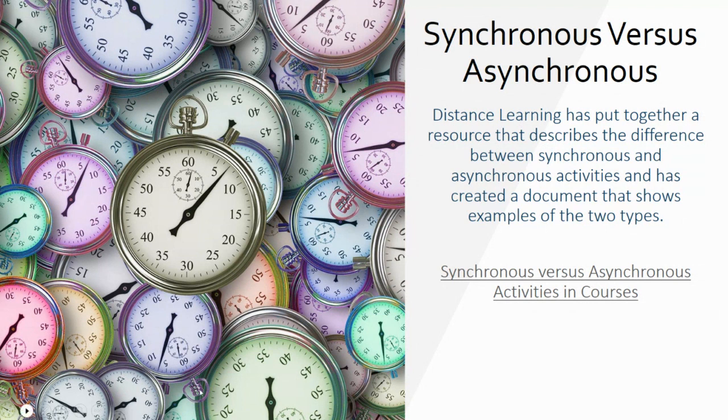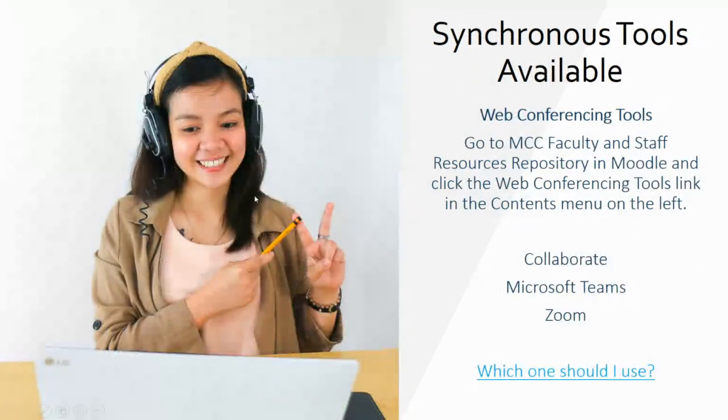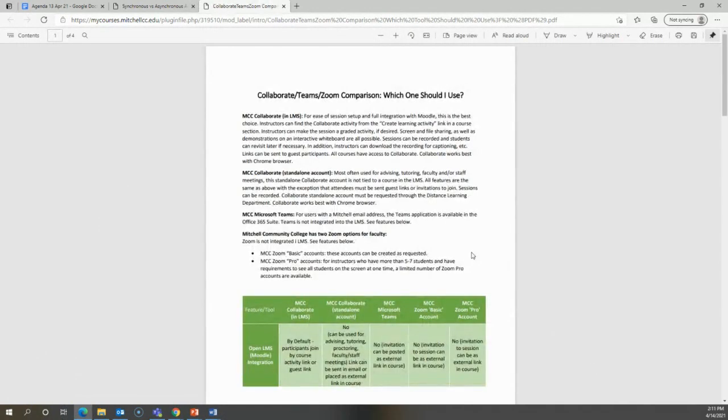As I move on to the next slide, possibly. There we go. So the synchronous tools that are available, there's a list of them, and they include Collaborate, Teams, and Zoom. And Distance Learning, again, has put together a document that gives you some information on when you should use each one.